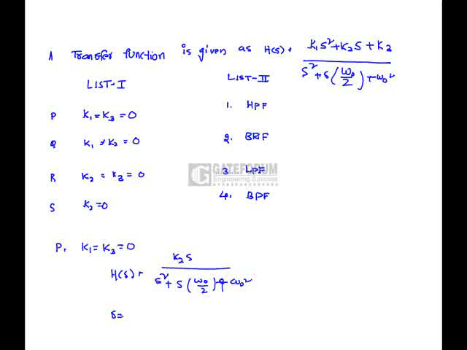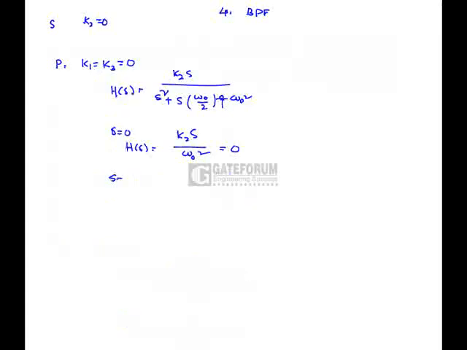Now substitute s equals 0. Then H of s is going to be 0. For s infinite, H of s is going to be k2 s by s square, so it is also 0. Means the condition k1 and k3 equal to 0, H of s acts as a band pass filter. Hence P is 4.